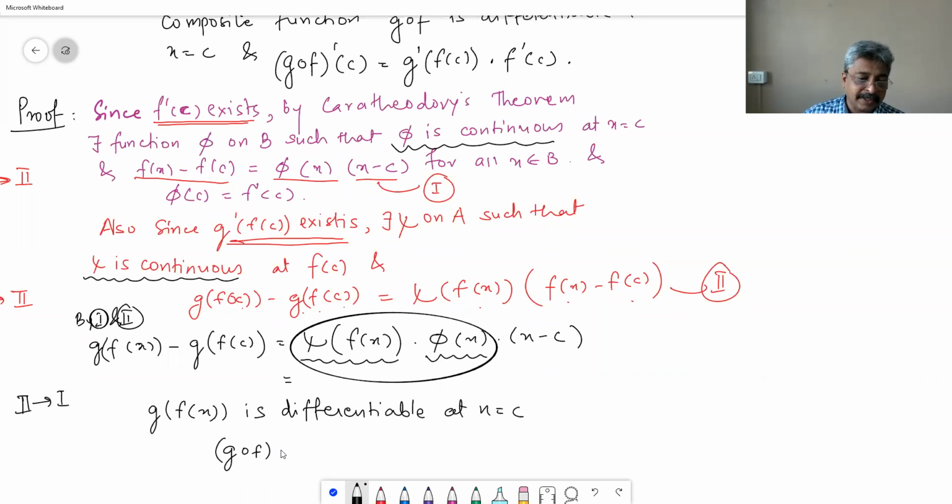g of f of x dash, then Carathéodory's lemma says that if you want to find out the value of this, then you evaluate this complex function whatever you have at c. Sorry, it is c that is needed. Then whatever this complex function is there, you should evaluate at c.